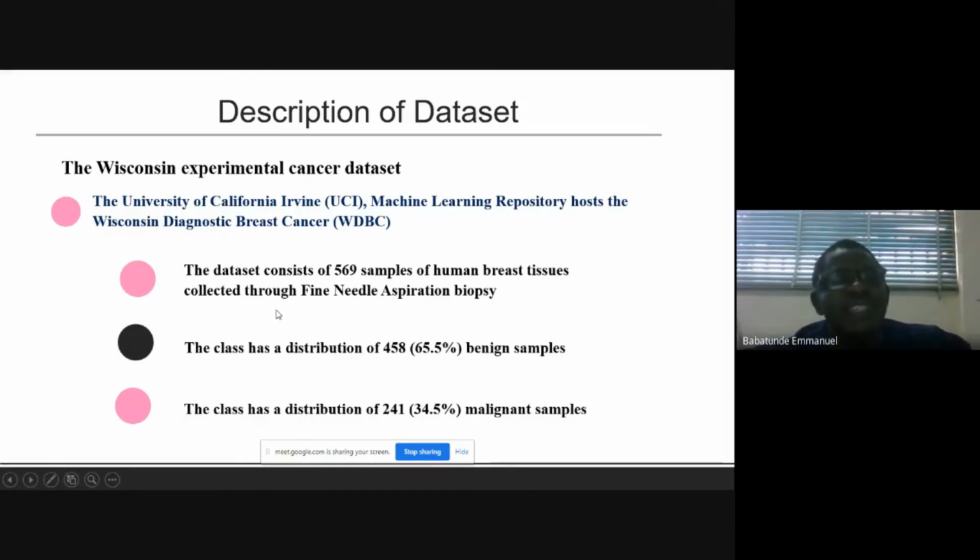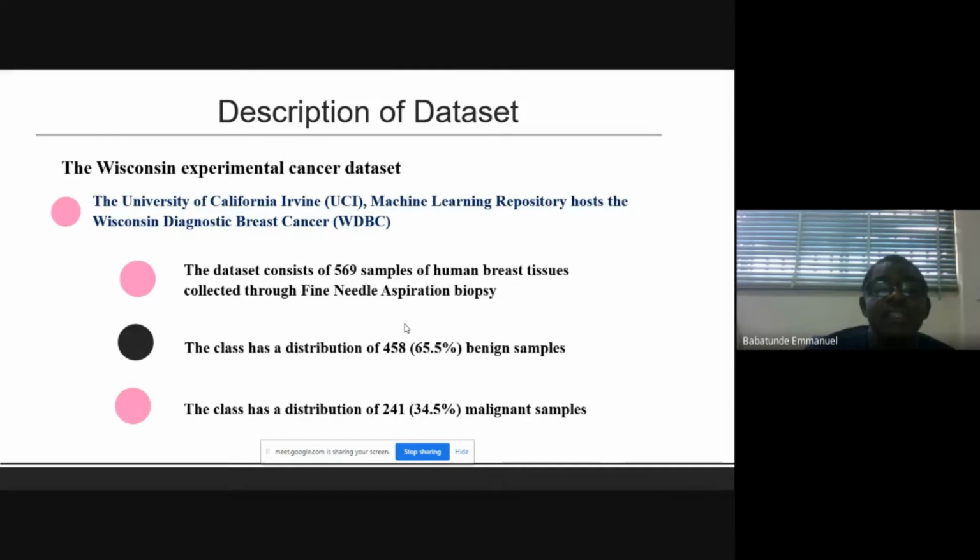The University of California Machine Learning Repository is the host of the Wisconsin Diagnostic Breast Cancer dataset. The dataset consists of 569 samples of human breast tissues, which are collected through fine needle aspiration biopsy. Fine needle aspiration biopsy is a method for collecting breast cancer tissue samples.